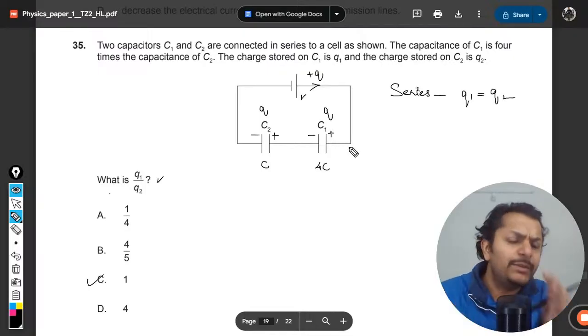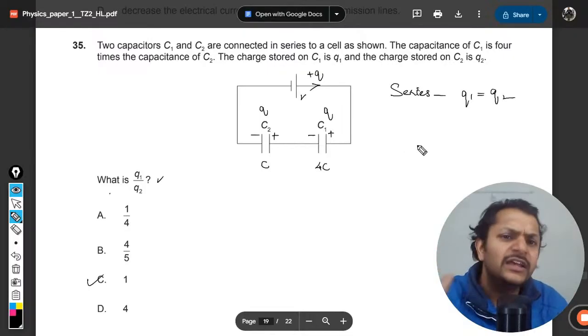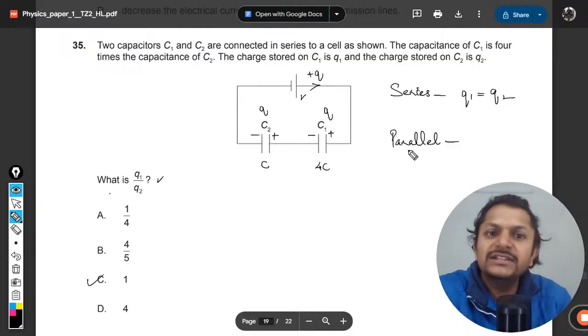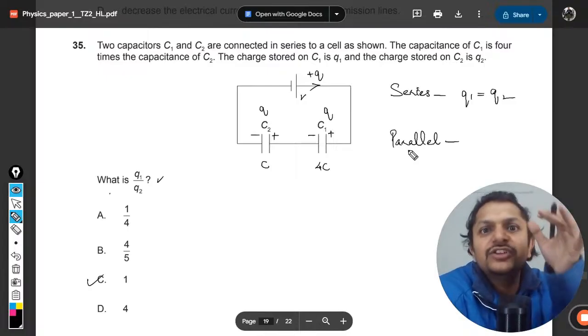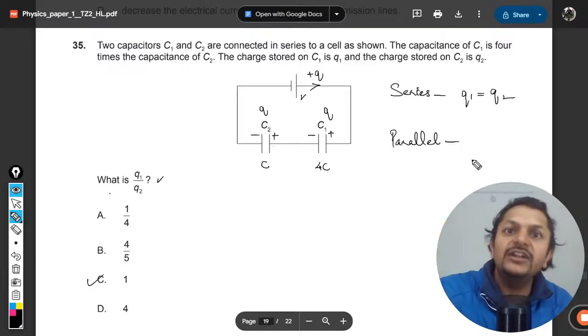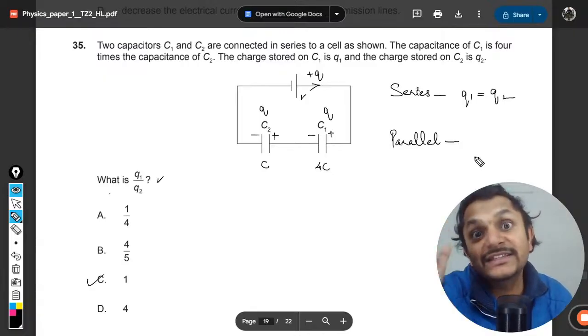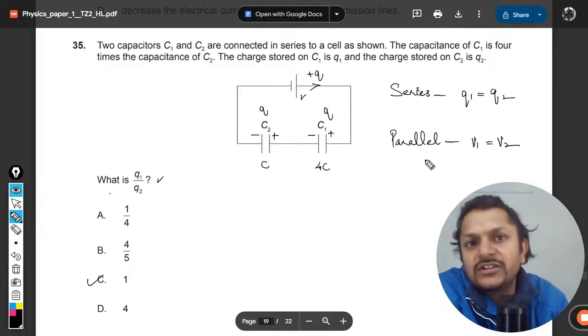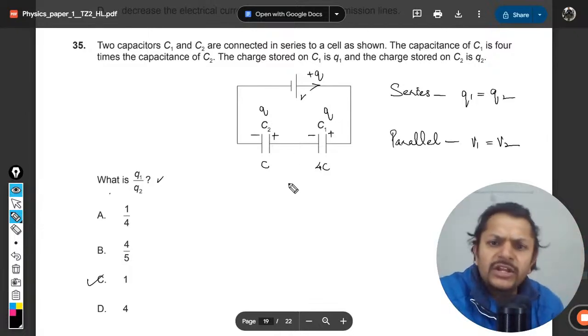And now what is happening in parallel, let me give you the definition for that, and then we can close the video, no problem. So in parallel combination, what is the definition? The definition is that the combination in which the potential difference across the two capacitors is the same. So if the potential difference across the two capacitors become equal to each other, we call them parallel combination.